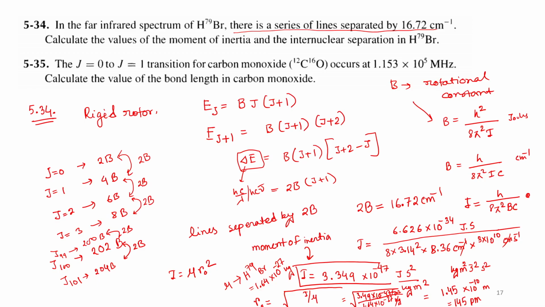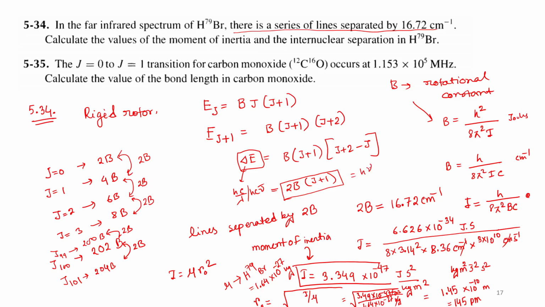Similarly, for the next question, j equals 0 to j equals 1 transition. For that, what do you need to do? J goes to j plus 1, so you know the energy. So that transition from j equals 0 to j equals 1 will be 2b into 0 plus 1, so from that you can calculate h nu.